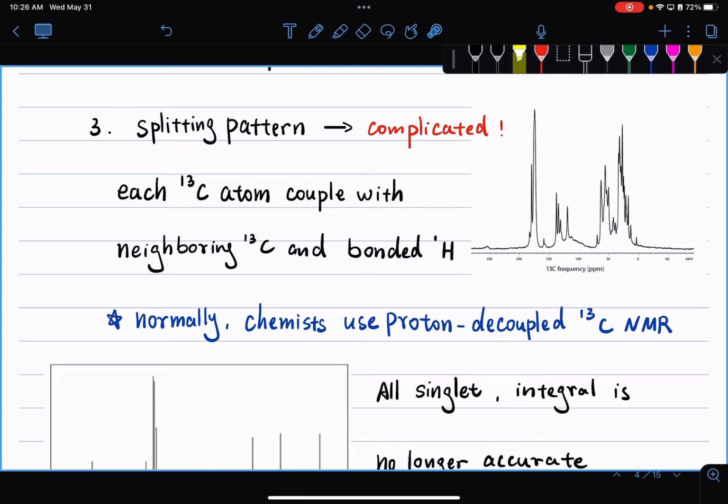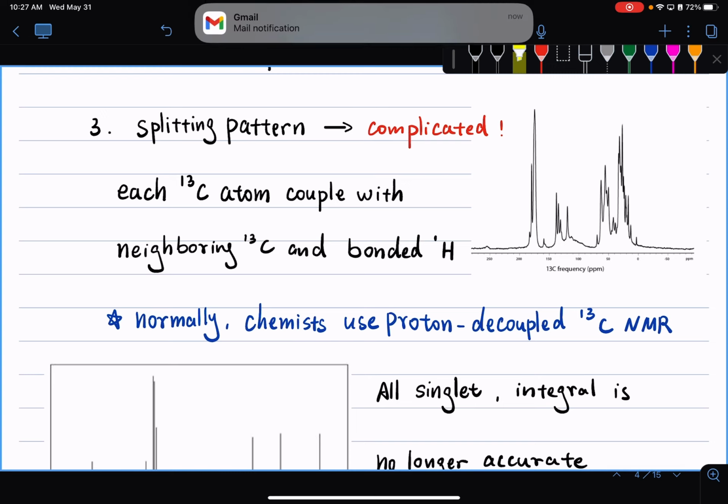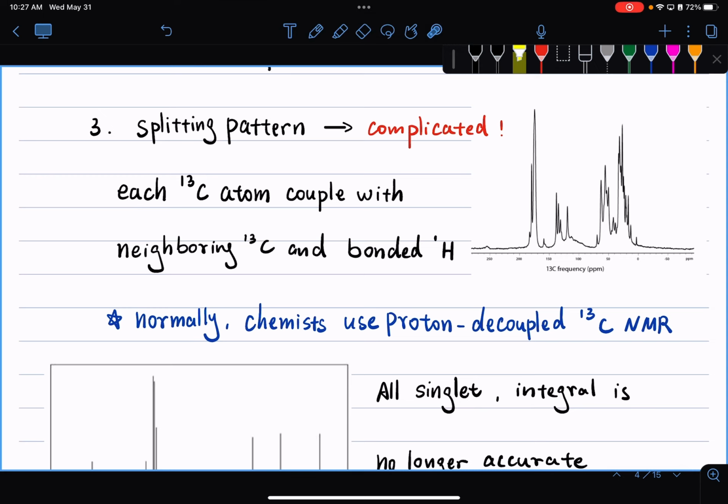Before we go into specific examples, the splitting pattern and integration are less important in carbon NMR, for a good reason. In your carbon NMR, your carbon-13 atoms are coupled not only by nearby carbon-13 atoms, but also by the hydrogen atoms bonded to that carbon. Remember, your hydrogen proton is NMR active, and your carbon-13 is also NMR active. So your proton can affect your carbon atom, causing a splitting pattern, but your neighboring carbon atom can also affect it and create a splitting pattern.